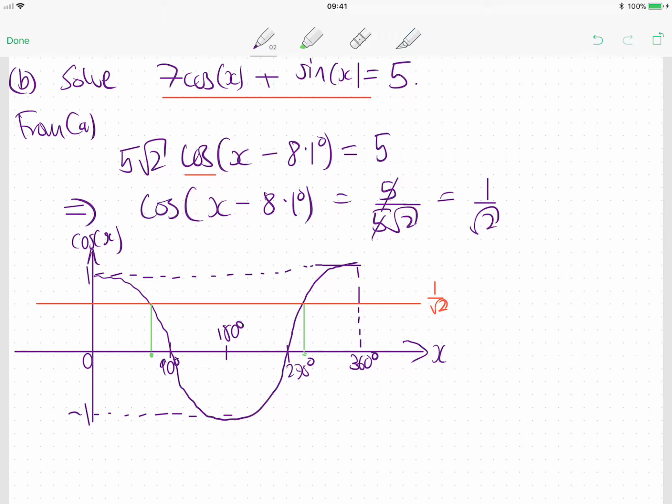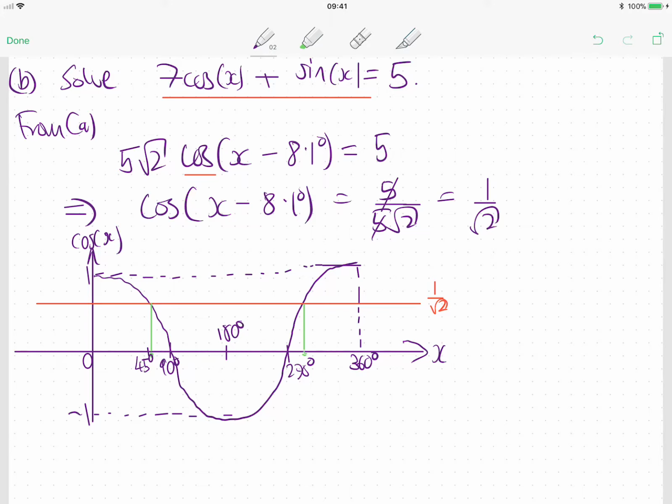Okay, so firstly, from my exact values, I know cos is equal to 1 over root 2 for a certain angle. The angle is 45 degrees. So this one is 45, using my exact values. So the scale is not terrible, but it's certainly not great.